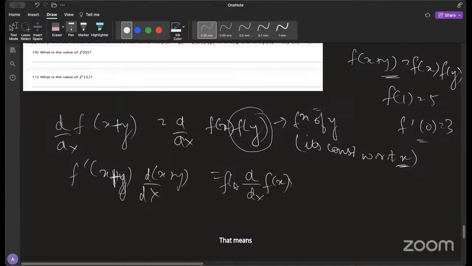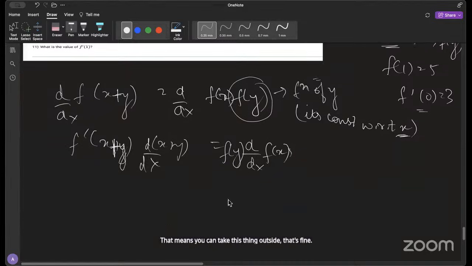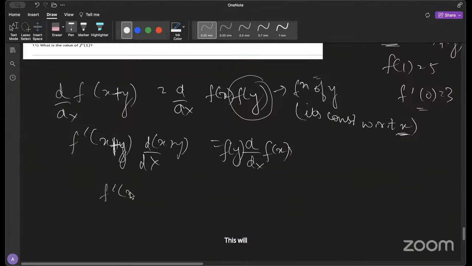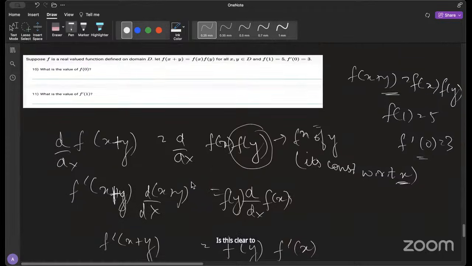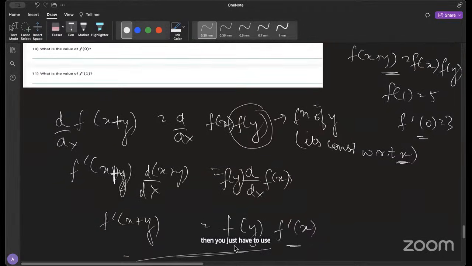That means you can take this thing outside as f(y). This will be f dash of x plus y times 1 equals f(y) and f dash x. Is this clear to everyone? Then you just have to use this information.